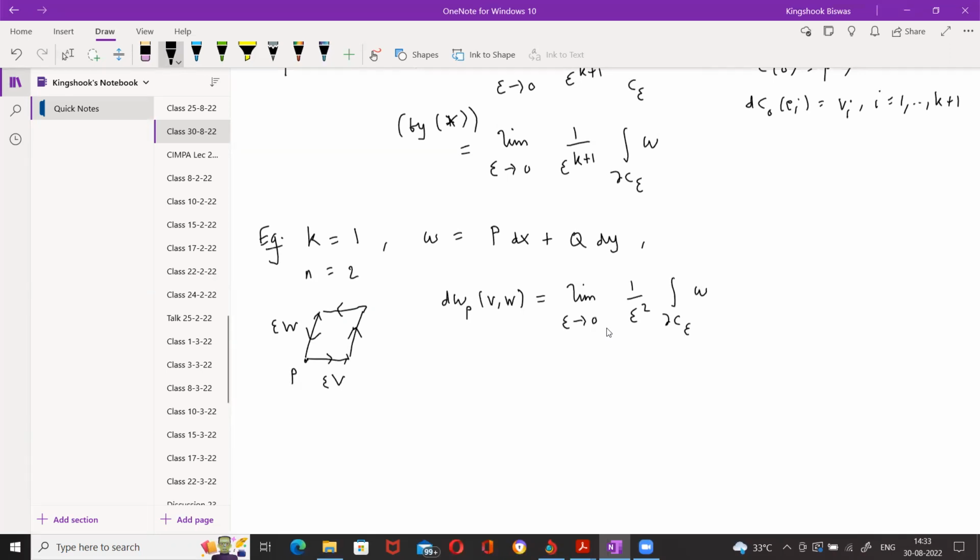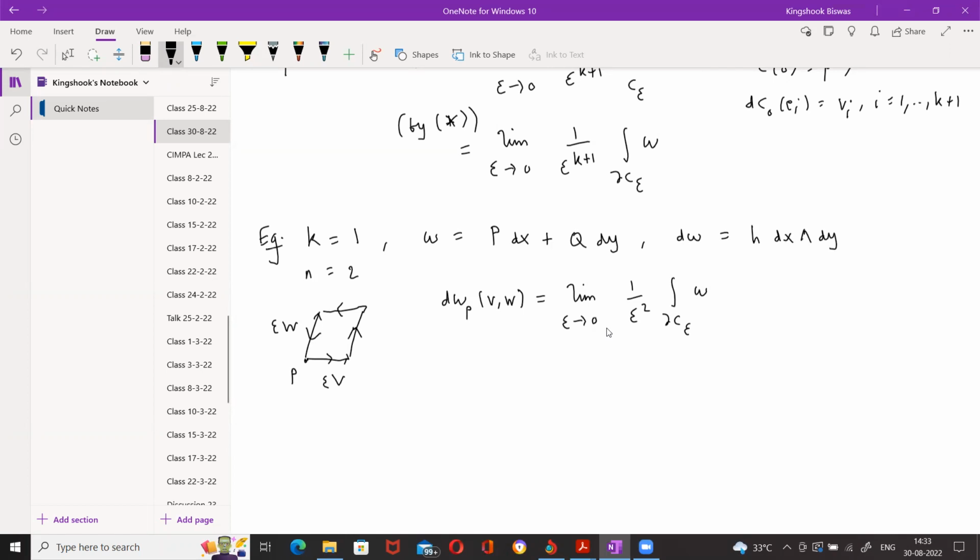So in this case, d omega is a 2 form, right? A 2 form in 2 dimensions is just some function h times dx wedge dy, right?